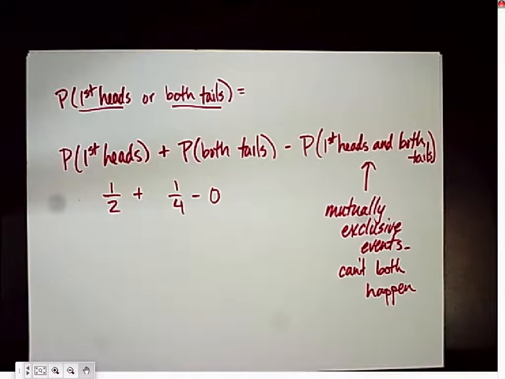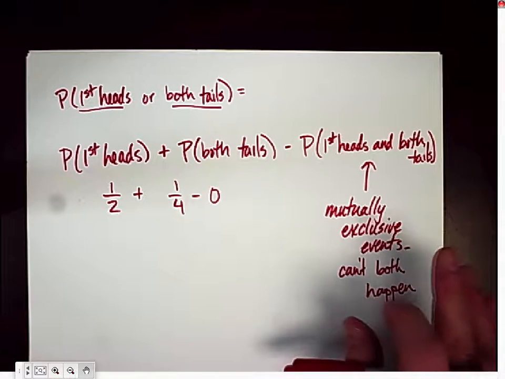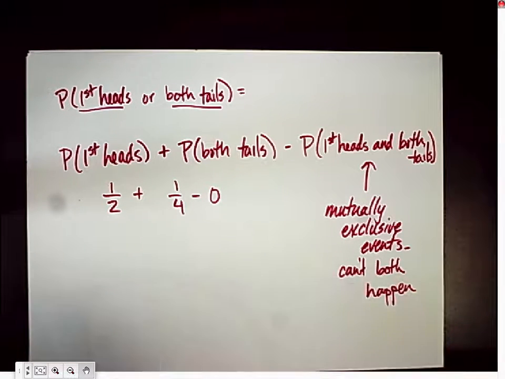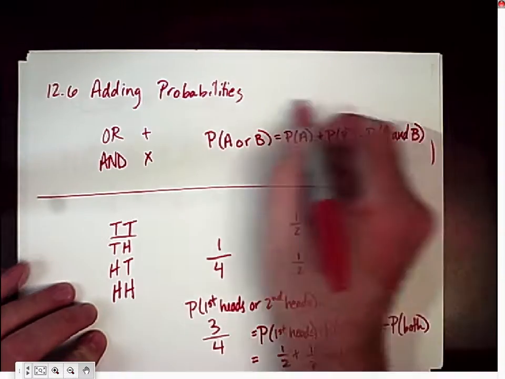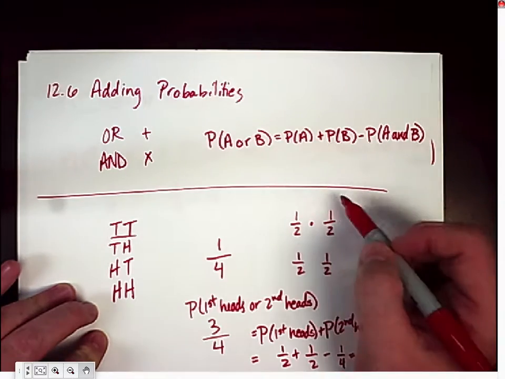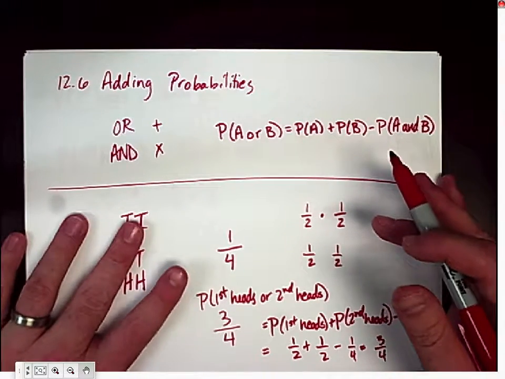So your book actually teaches you two different formulas, one for when they're mutually exclusive and one for when they're not. But I'm a big fan of memorizing as little as possible, okay? So this formula you can always use. Just what's going to happen if they're mutually exclusive?